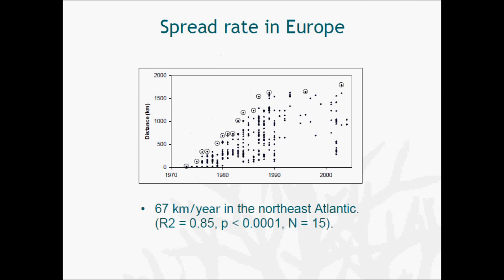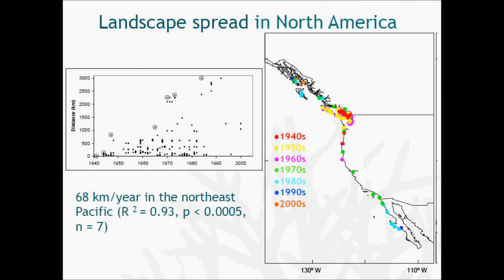It's quite fast. In the United States, in North America, we did the same kind of thing. It travels very, very interestingly, exactly the same. It's 68 kilometers, about the same rate of spread. So it seems this is consistent in completely different systems. So this species is quite good in doing that, spreading.